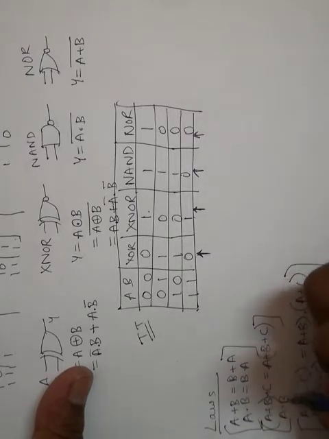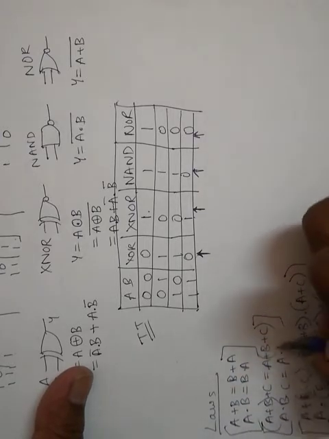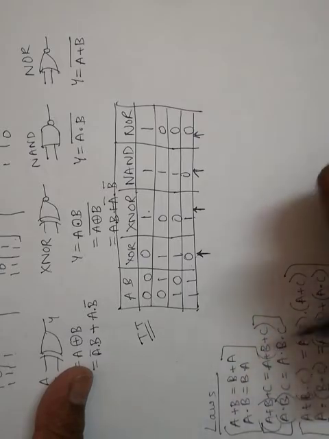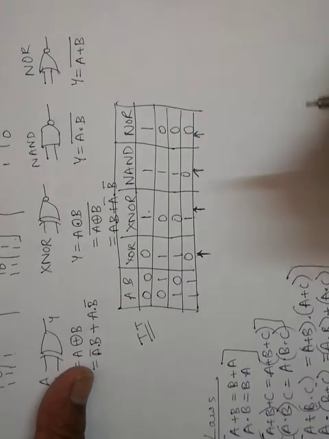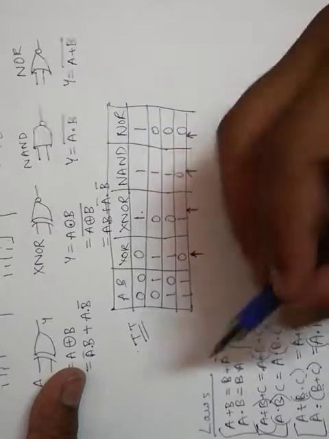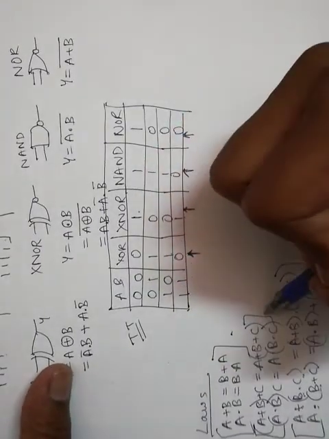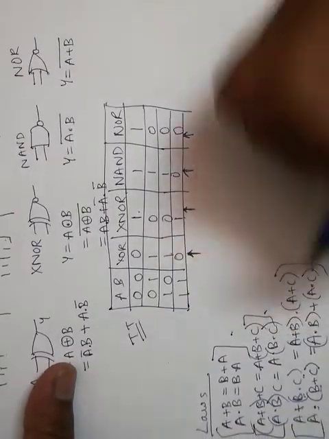We will write this also, ABC, ABC. Doesn't matter whether we do first these or these. Commutative law, associative law, distributive law.